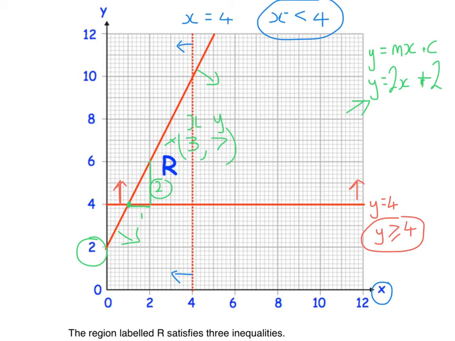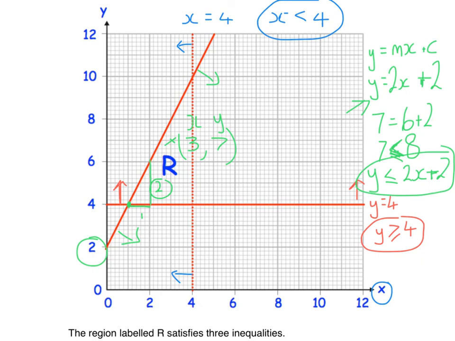So I've got that y is 7, and I've got that 2 times 3 is 6, add 2, so 8. We can see that 7 is less than 8. It's also a solid line, so I do need to make sure it's an equal to as well. So if I put that all into my equation, I've got y is less than or equal to 2x plus 2.